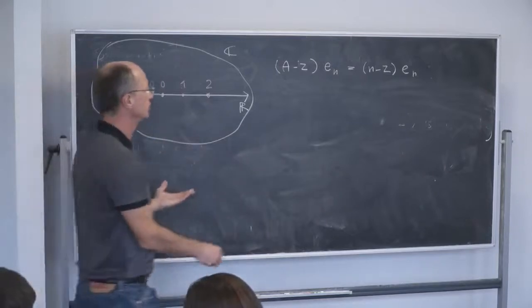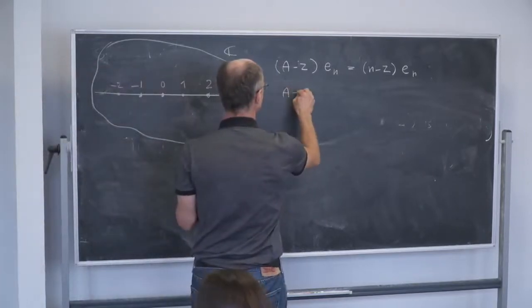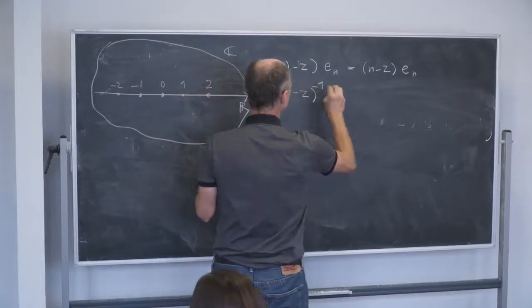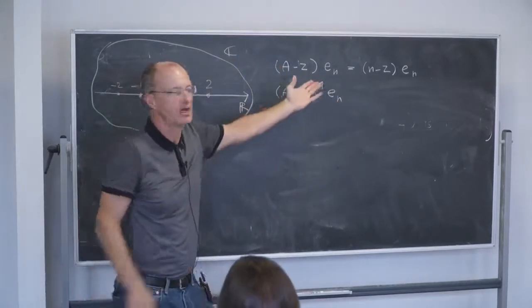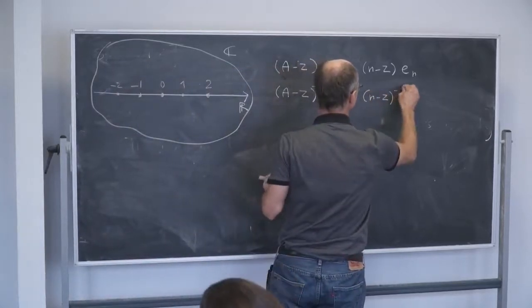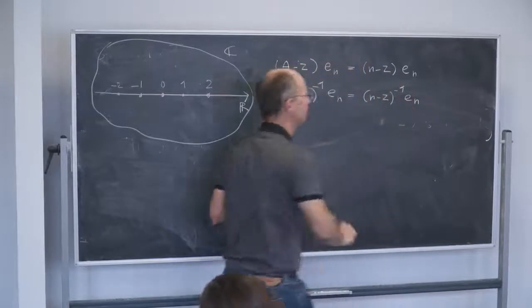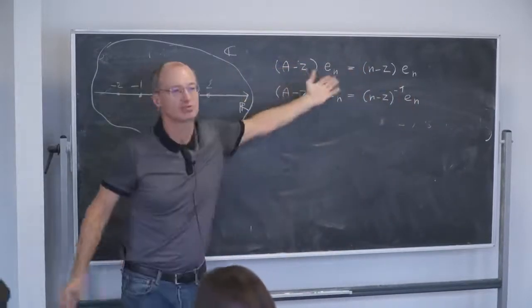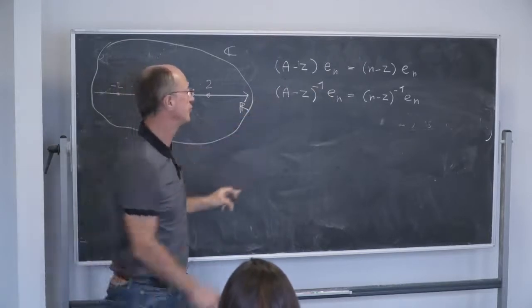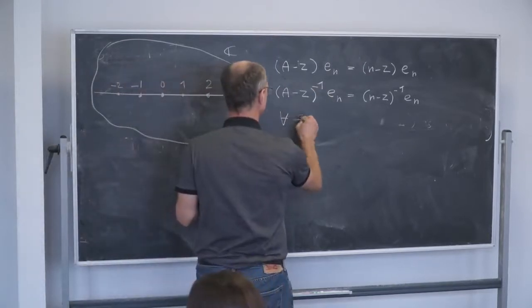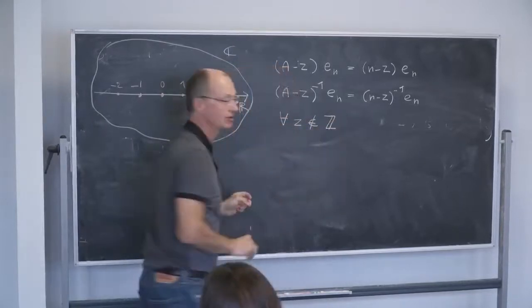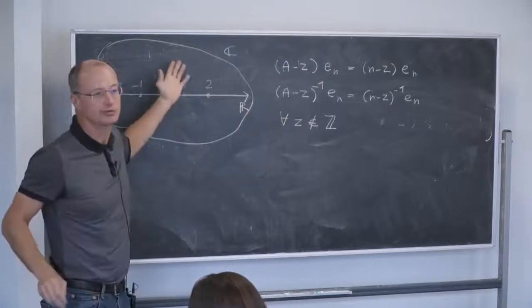Now we can try to define the inverse operator. Let's just simply try to define it by this formula. So the question is whether it works. And obviously it does work for all z outside the set of integers, real or non-real, doesn't matter.